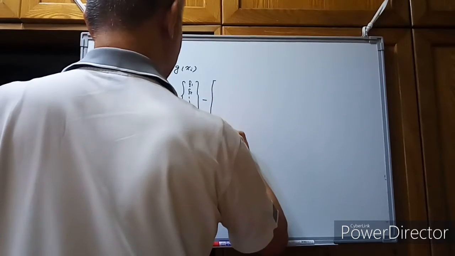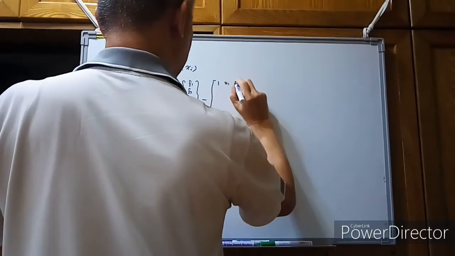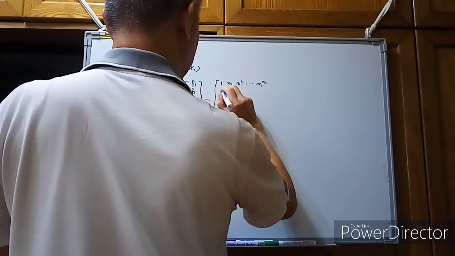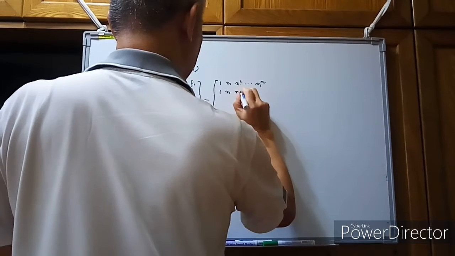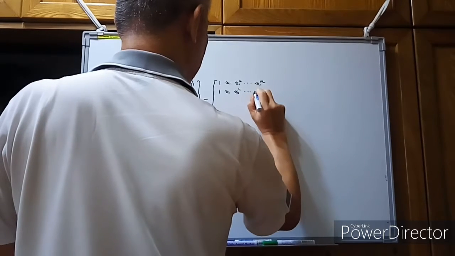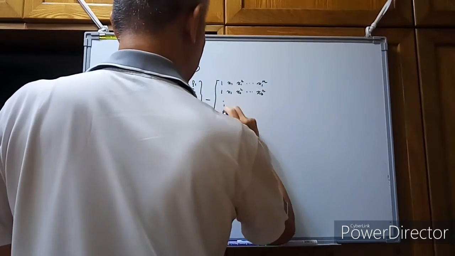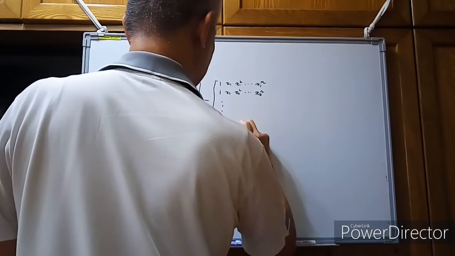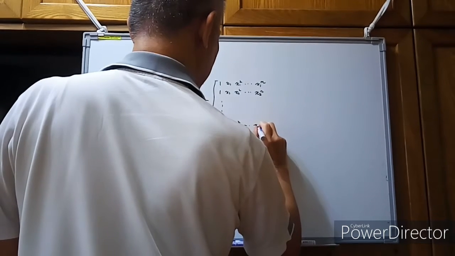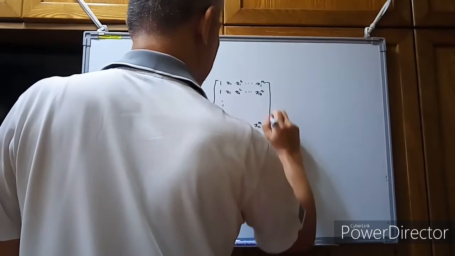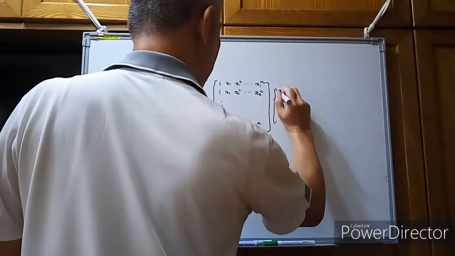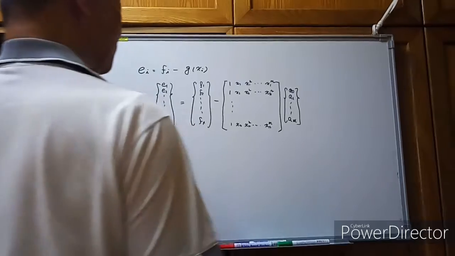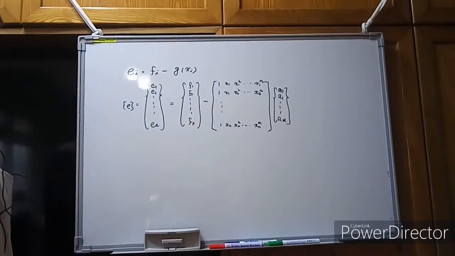minus the product of two matrices. Okay, so the first vector is the F vector.